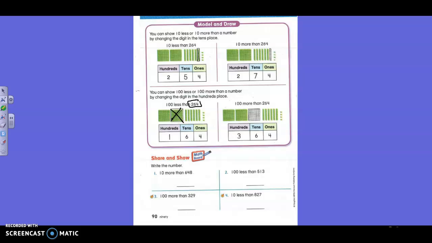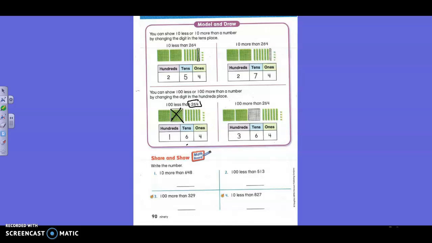So now you had 2, you crossed out 1, now you have 1 left, right? So 100 less is 164. Does your 10s change? Does your 1s change? The only thing that changed was your 100.